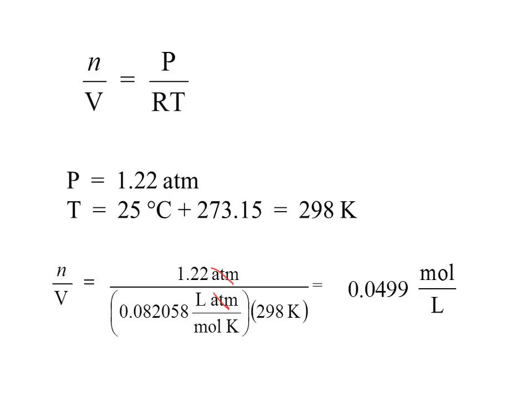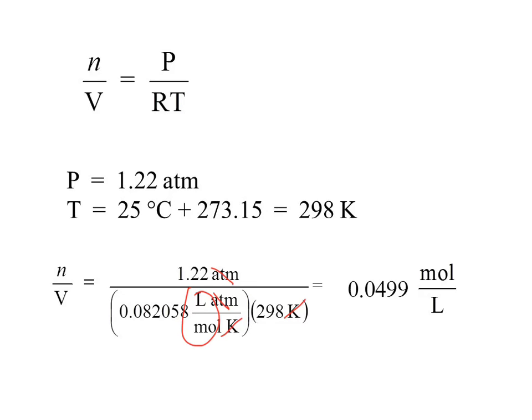And then also in the denominator, our Kelvins are going to cancel. We have only units in the denominator, liters per mole. If you take that out and switch it over, that's units of moles per liter. And notice that we need to round to 3 significant figures because we're limited by both the pressure and the temperature.